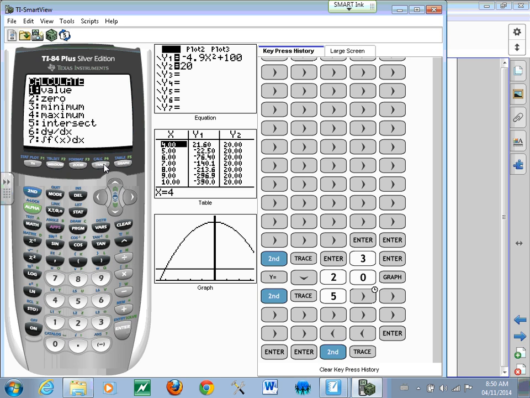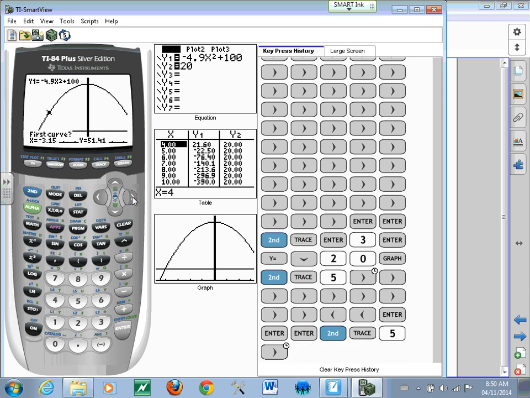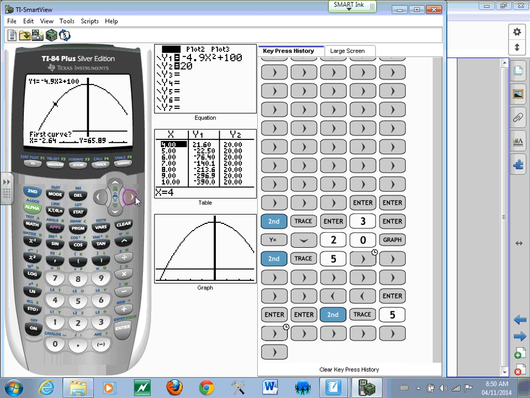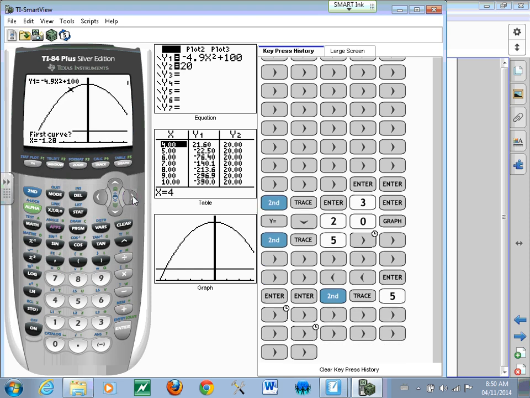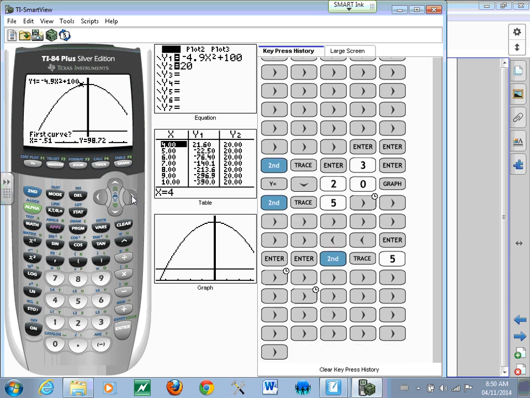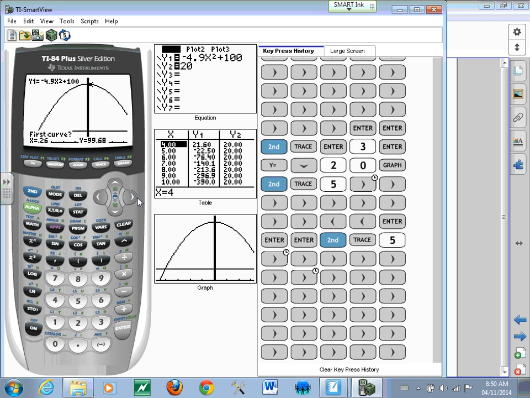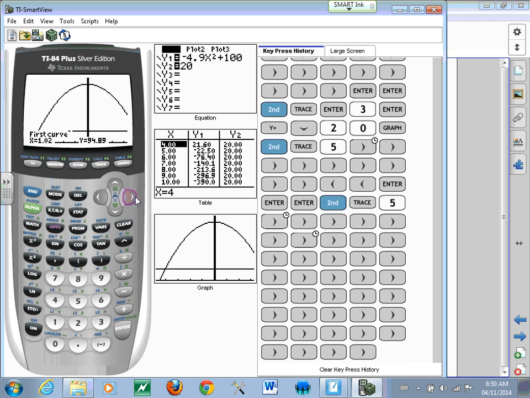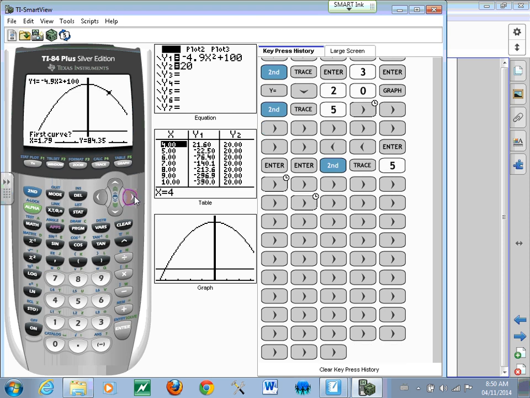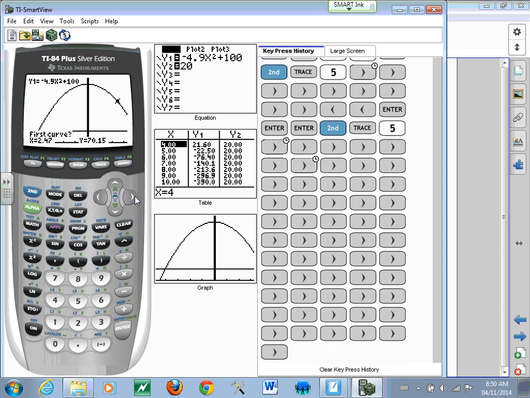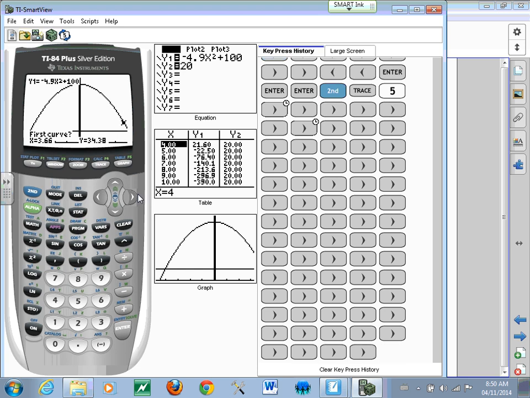Second trace, intersection point. Let's bring it all the way over. Sorry, my class is just coming in, so just give me a second here. Okay. So let's get closer to this point of intersection over here. There, now we're going to see it.